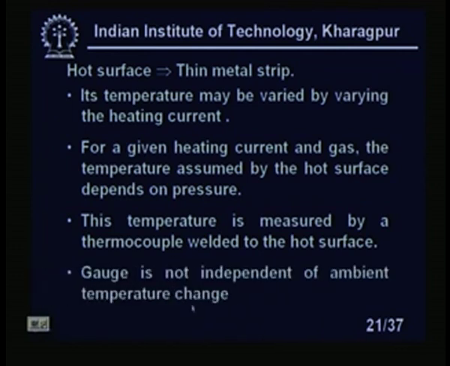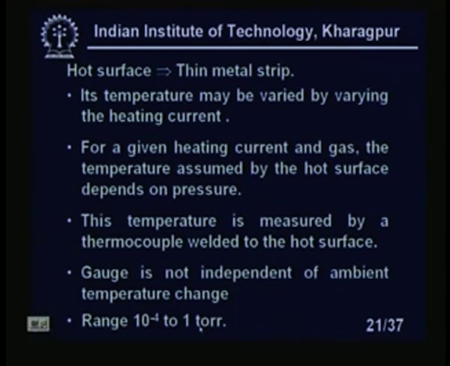The gauge is not independent of ambient temperature changes, because there is no bridge arrangement. The advantage of using dummy or compensating gauges in the Pirani measuring system is absent in the thermocouple gauge. The range is typically 10 to the minus 4 to 10 to the 1 torr, which is not that good, meaning it cannot measure very low pressures.